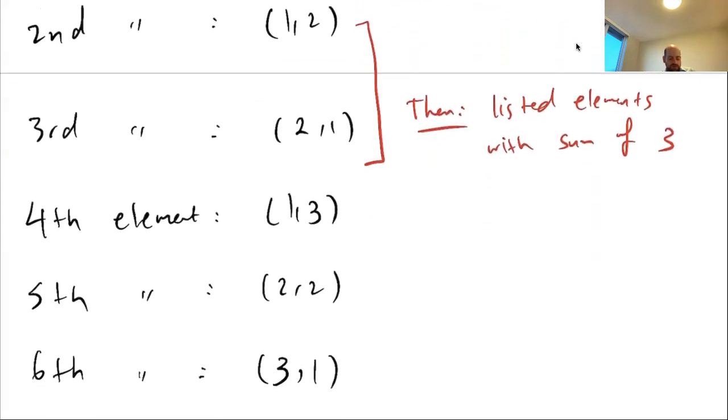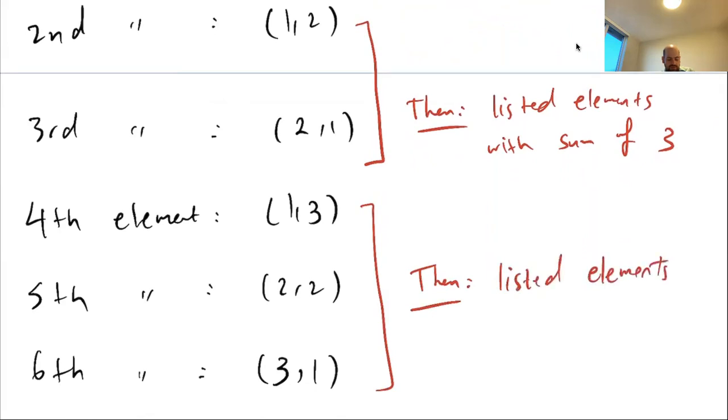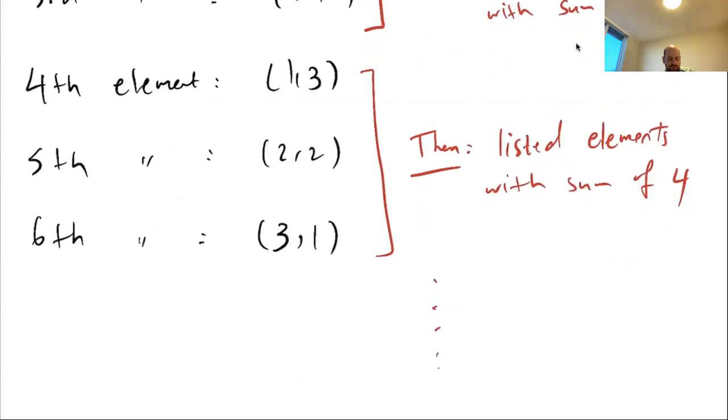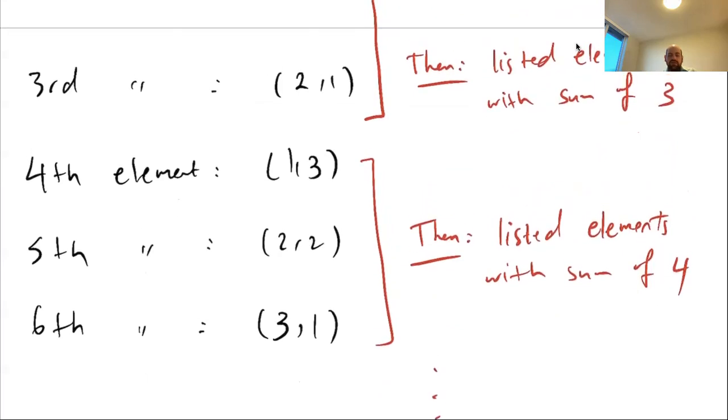Then we listed elements with sum of 4, and so on. Among all elements which have sum of 4, we start with the pair whose first coordinate is 1, and then the pair whose first coordinate is 2, and so on.